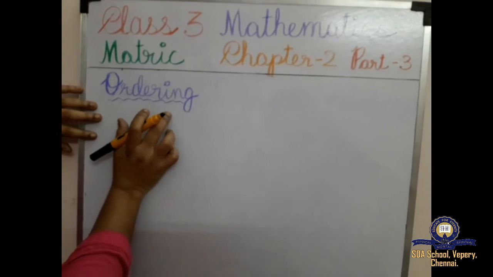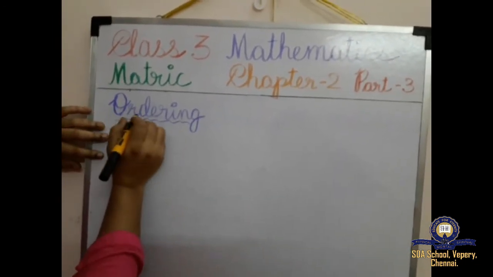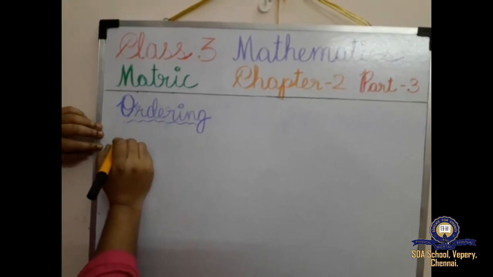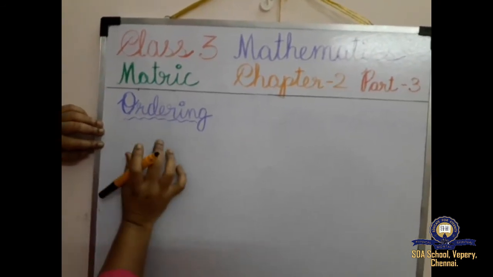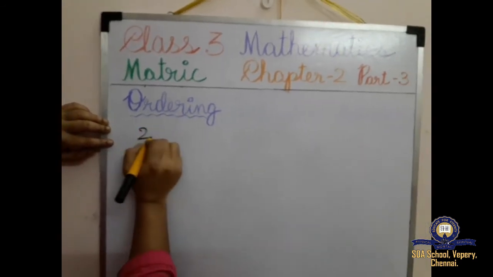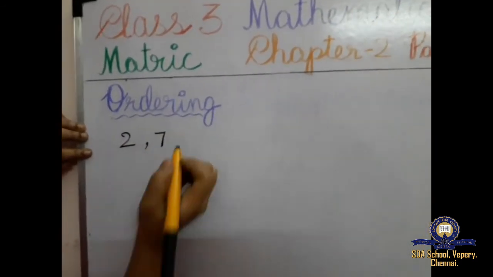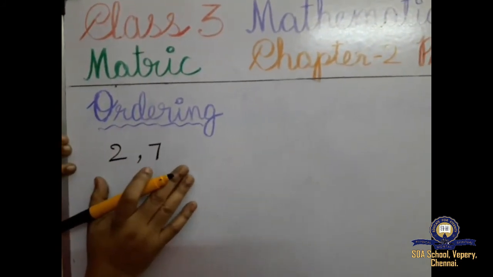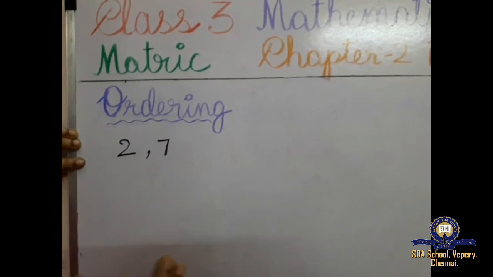The next topic is ordering. O-R-D-E-R-I-N-G, ordering. Ordering is nothing but arranging the given digits into different forms. For example, I have given 2 and 7 here. We have to arrange these two numbers into different possible forms.